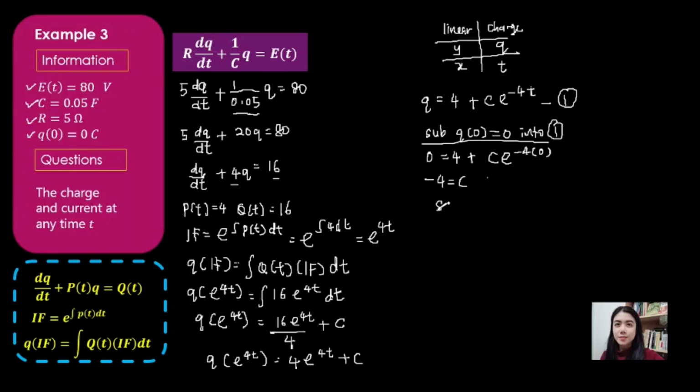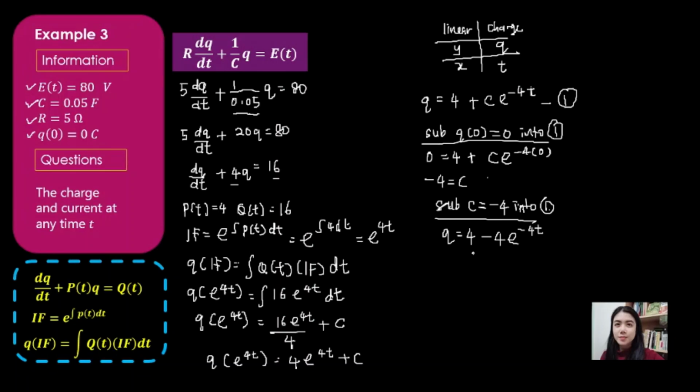Let's substitute c as negative 4 into equation number 1. So we have q equal to 4 minus 4 e^(-4t).